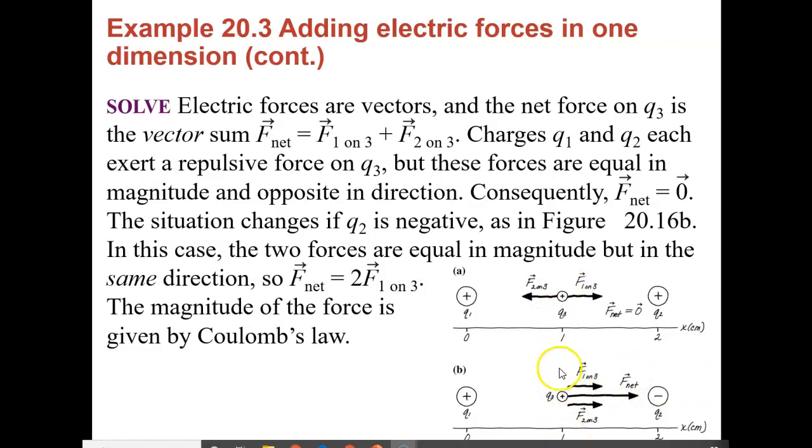On B, we have to add up all these forces: the force of 1 on 3 and the force of 2 on 3. Both of these forces get our net force going to the right.